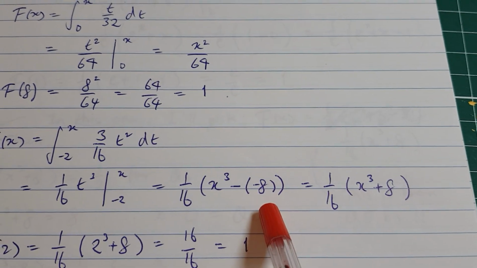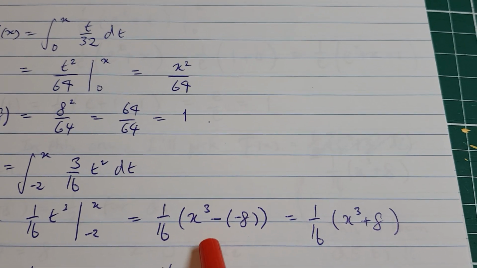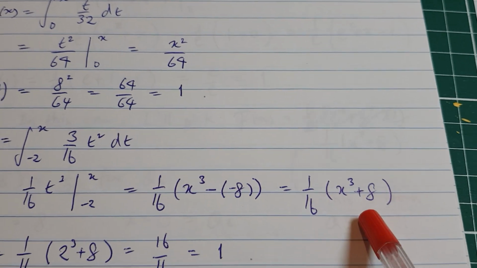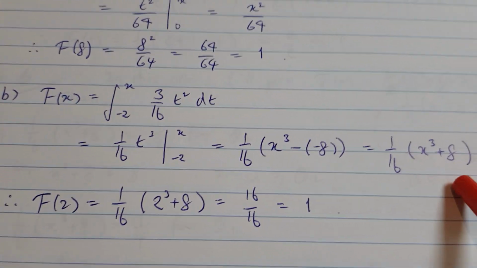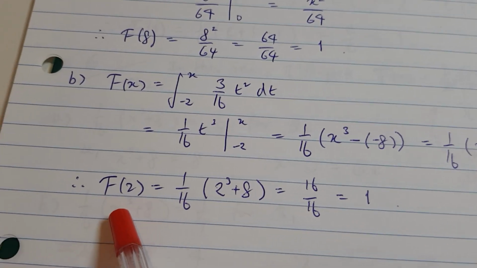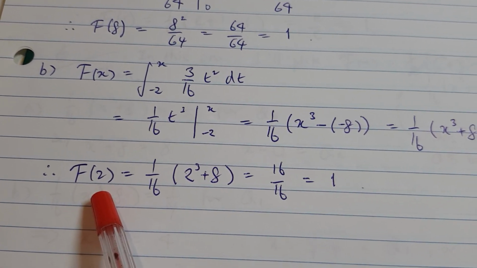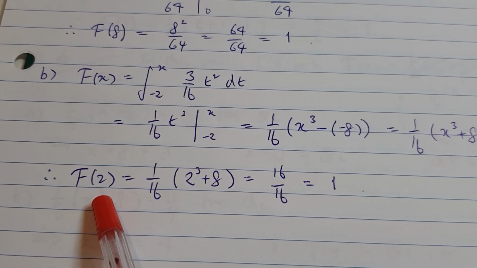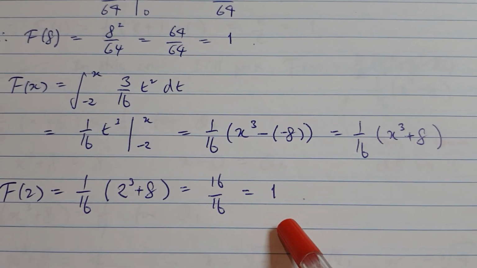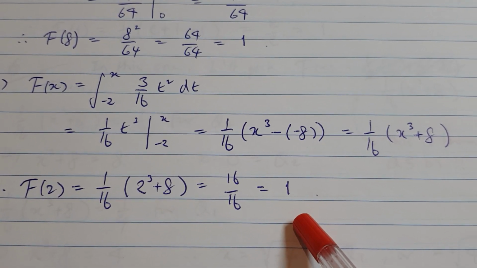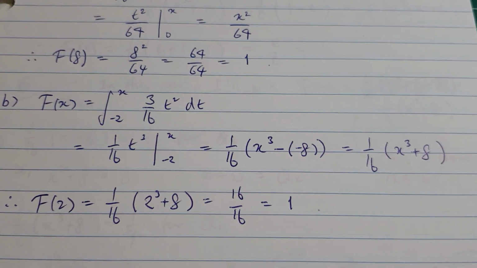So make sure of it. So x cubed over 16, and the -8 becomes positive. So that's now my CDF in terms of x. Hence, now I should be able to plug in x equals 2, which is the upper bound of the given domain. And nothing surprising, it gives you 1.